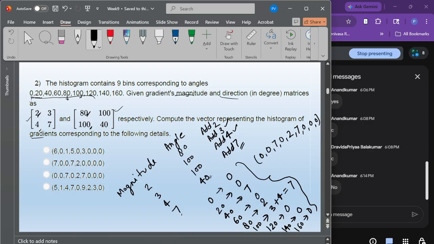This is the vector representation of the gradient for the 9 bins of the corresponding angles. So if you check, option C, 0 0 7, 0 2 7, 0 0 0, is the correct option, right?